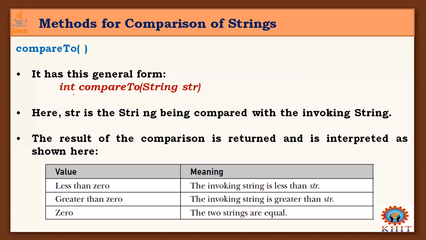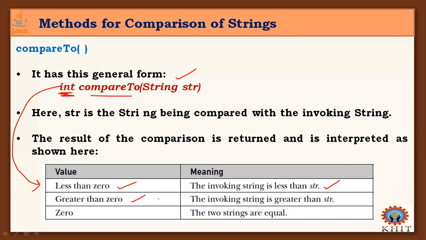It has the general form compareTo(String str), and the return type of this method is int. Based on the integer value it returns, there are three cases. Less than 0: the invoking string is less than str.